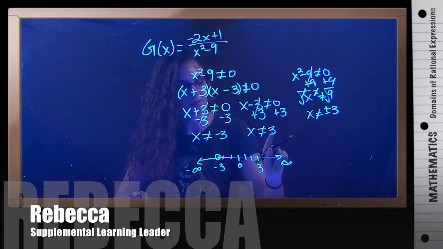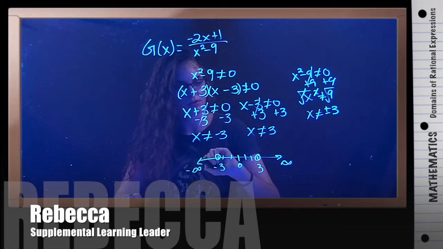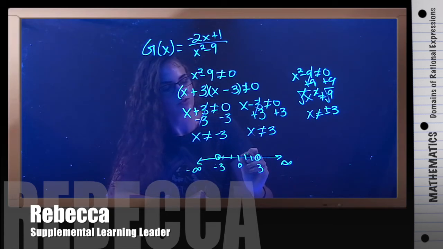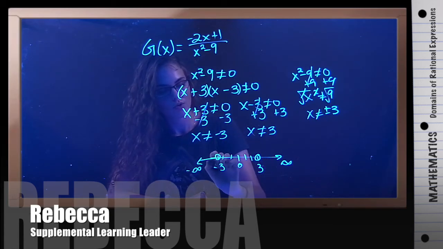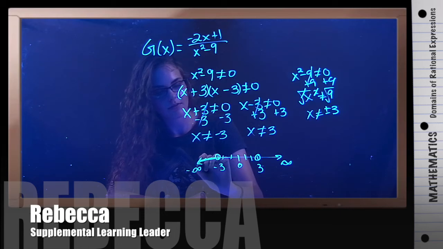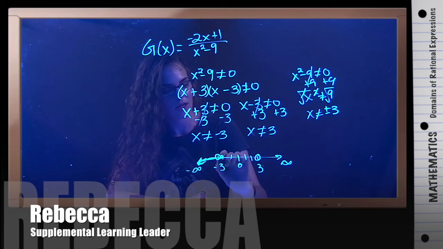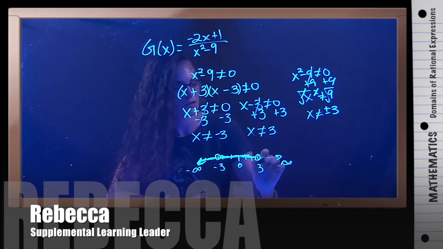And because x cannot be 3, we put an open circle at 3. But x can be anything else except for those two numbers. So we can shade everything from negative infinity all the way up to negative 3, and everything from negative 3 to 3, and everything from 3 to infinity.